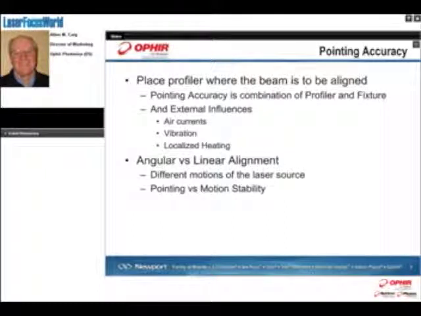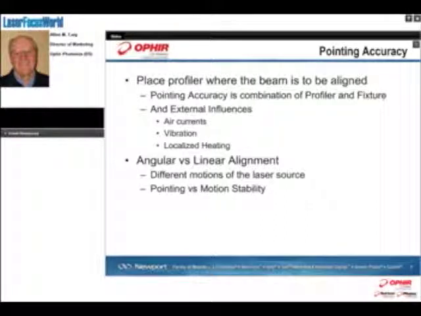But you have to also remember that pointing accuracy is a function of how well you have that profiler fixed, how well you have your laser source fixed, and so fixturing will also be very important to maintain accuracy in a pointing type of measurement. On top of that, you have some external influences that can influence the pointing accuracy.